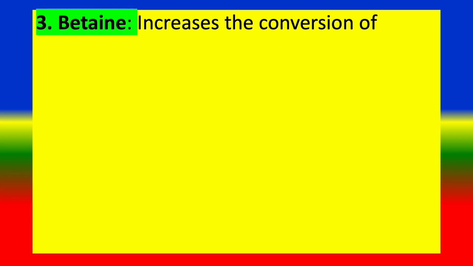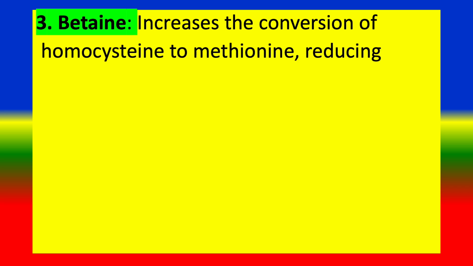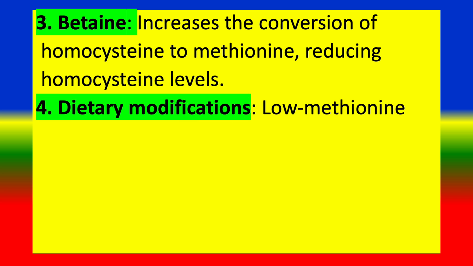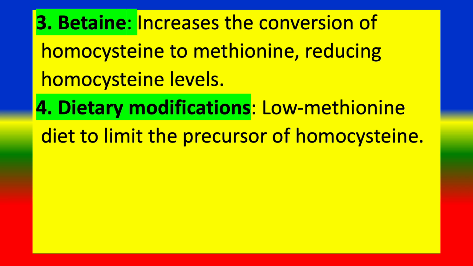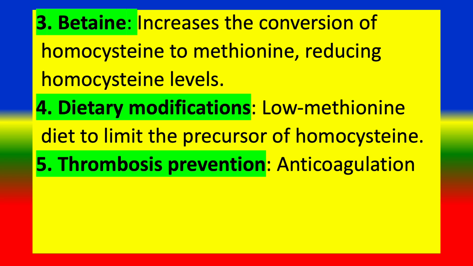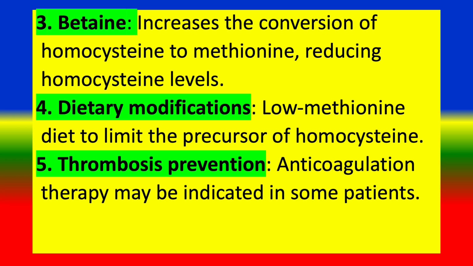Betaine increases the conversion of homocysteine to methionine, reducing homocysteine levels. 4. Dietary modifications: a low methionine diet to limit the precursor of homocysteine. 5. Thrombosis prevention. Anticoagulation therapy may be indicated in some patients.